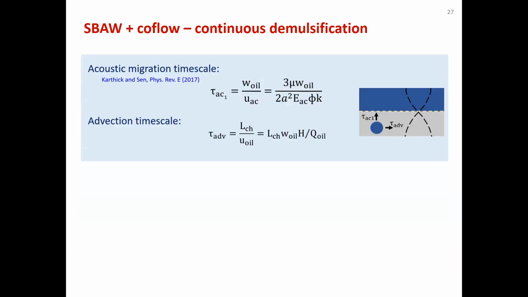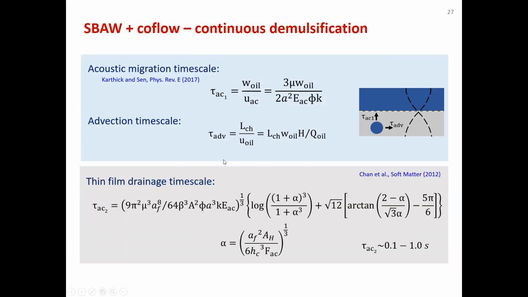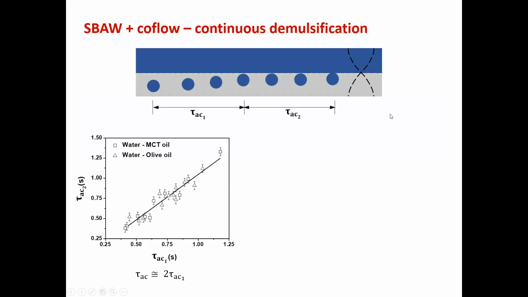Yeah. So we try to characterize and understand this process through timescales: the acoustophoretic timescale and the advection timescale, meaning how fast the drop is approaching the interface and how fast the drop is migrating downstream, and also the thin film drainage timescale when the drop is closer to the interface.